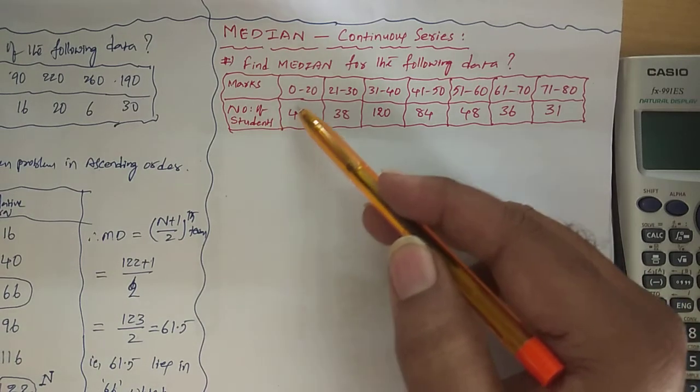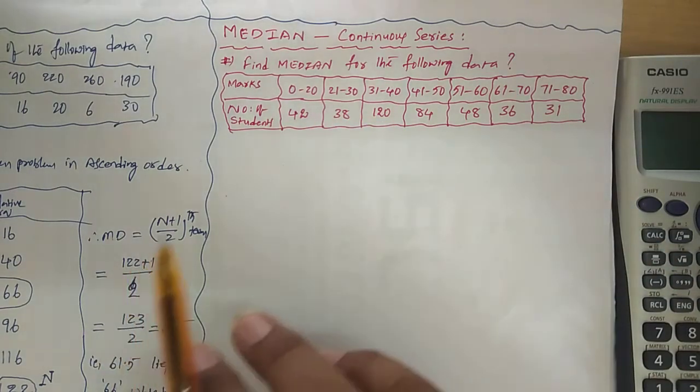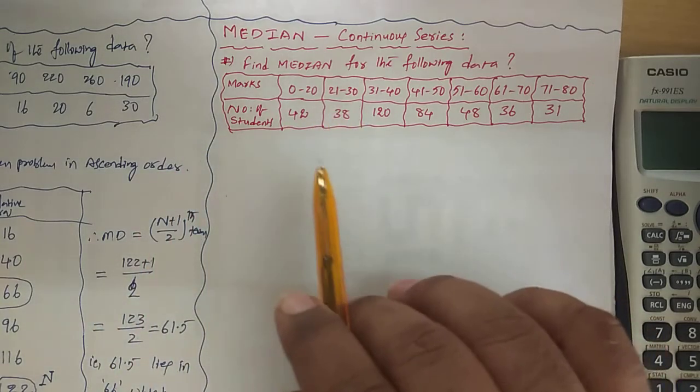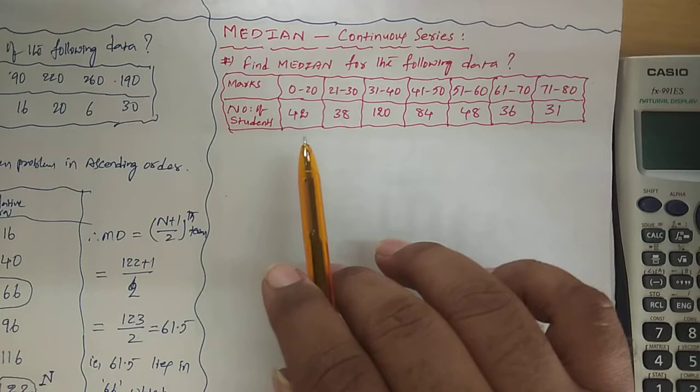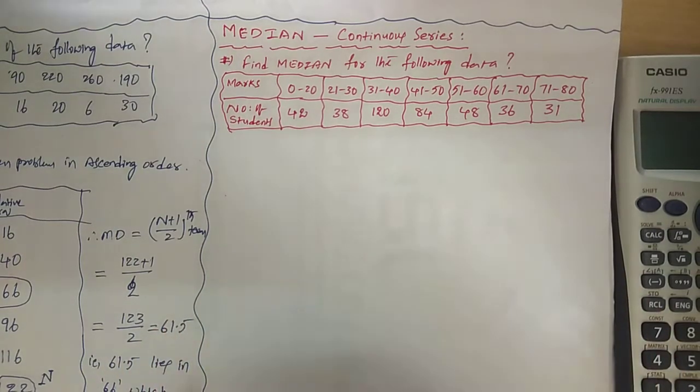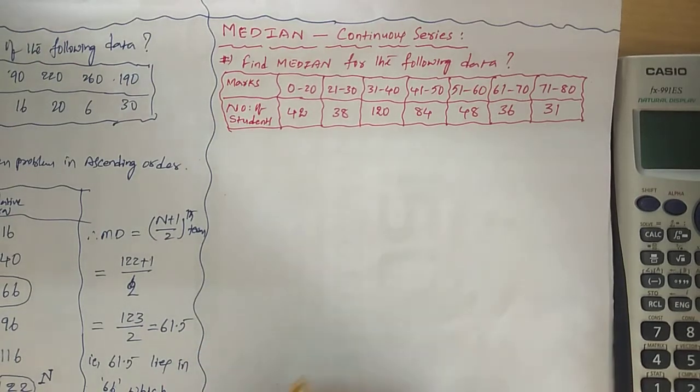The number of students here are the frequency values. So I think there will not be any doubt whether it is a continuous series or not. So this is a continuous series. Then how do you get the median for this continuous series?